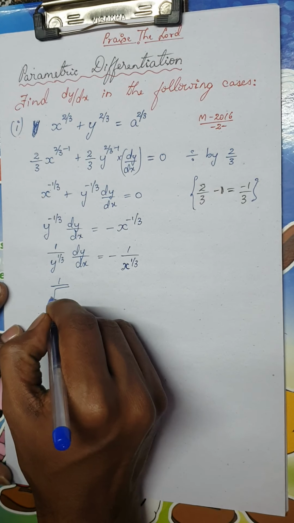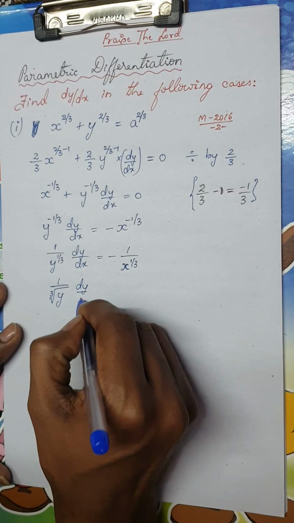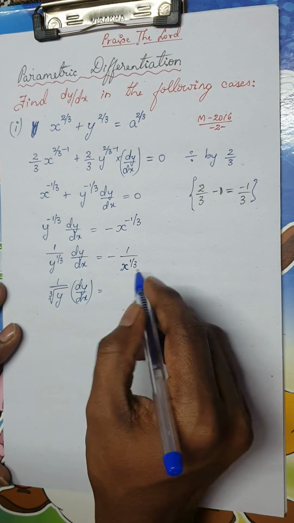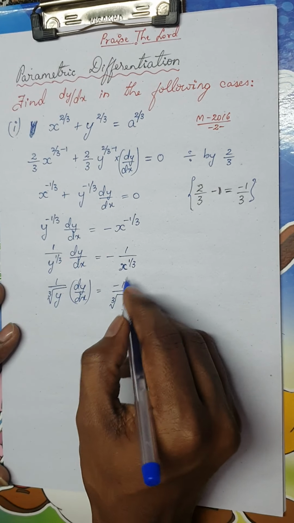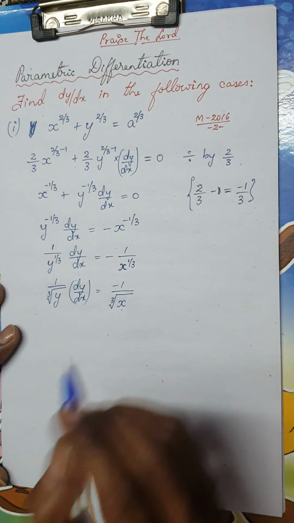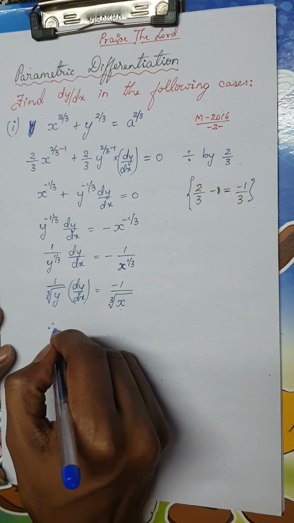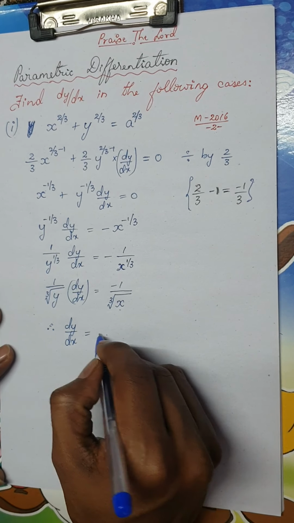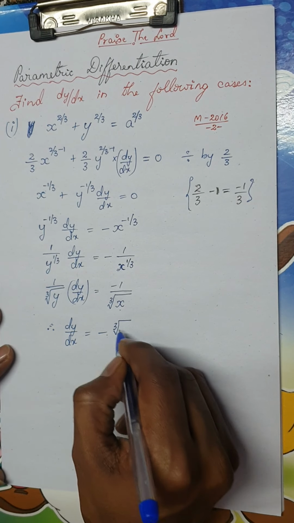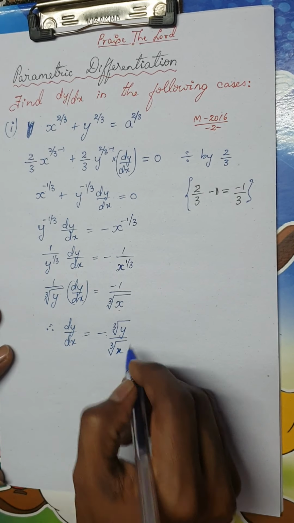So y power 1 by 3 can be written as cube root of y into dy by dx is equal to minus 1 divided by cube root of x. Now if you cross multiply, you can write dy by dx is equal to negative of cube root of y divided by cube root of x.